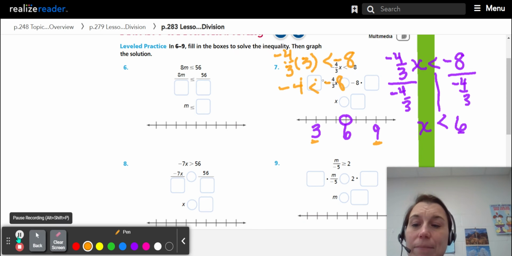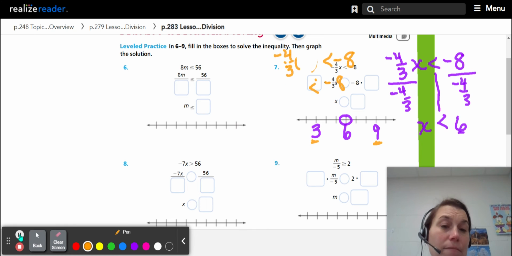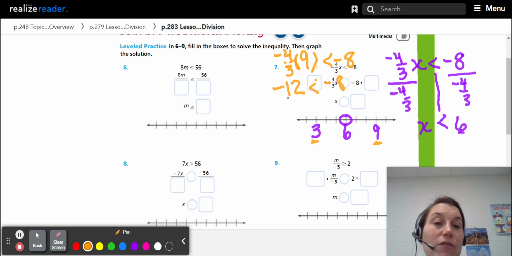But if instead I erase the 3 and this time check 9, which is on the right of 6, and I do negative 4 thirds times 9, well, that equals negative 12. And negative 12 is less than negative 8 because the bigger the negative, the less it is. So this would be true.